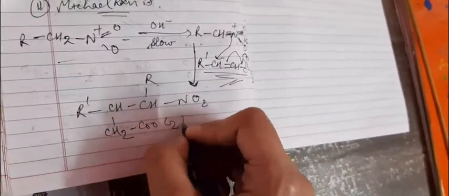So we get the following addition product, which is CH2COOC2H5. So this is the final product of this named reaction.